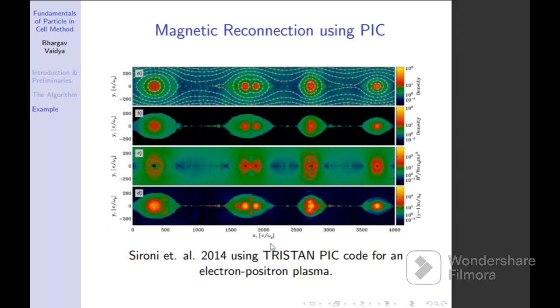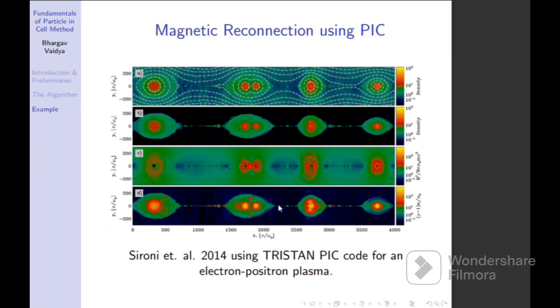And again, you can see that the length scale is c by omega p, the proton scale. All the length scales are in c by omega p, the same scale that we used. So the idea is that these are not densities; these are actually particles. Okay. So you are seeing particles here, and the higher number means higher density. That means there are a lot of particles in that region.